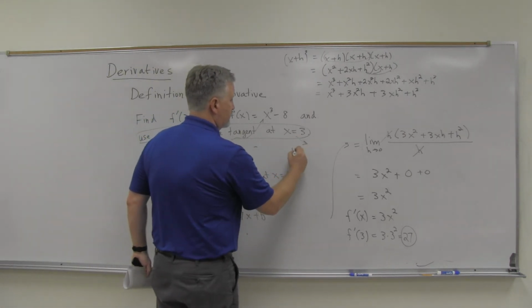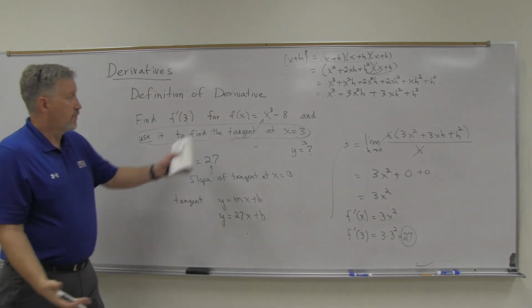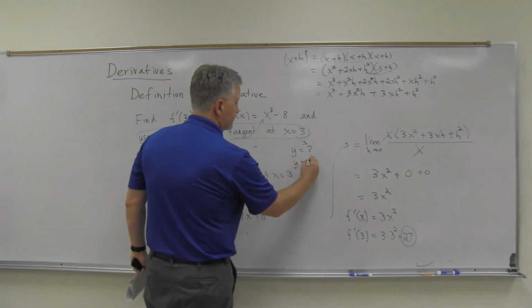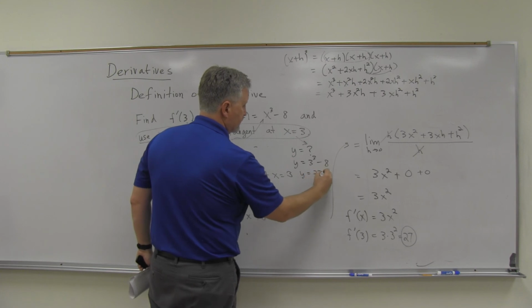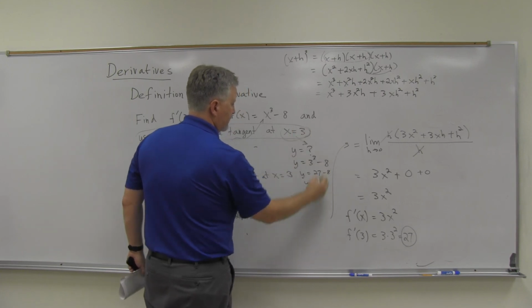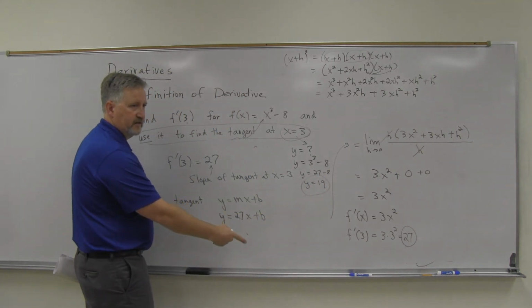If x is 3, what's y? Well, y is just the function value at 3, so y would be 3 cubed minus 8. That's 27 minus 8, which is 19. So I've got x is 3, y is 19. That'll be my plug-ins for x and y here to find the b.